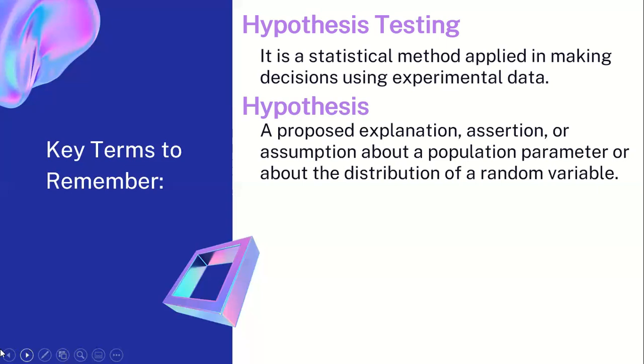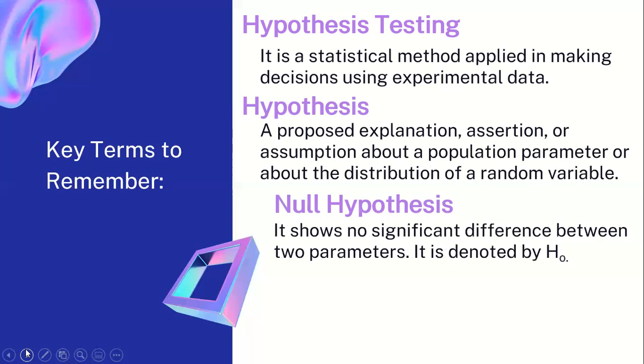Okay. So aside from these two terms, you also need to differentiate what a null hypothesis and alternative hypothesis is. And I know you're very familiar with this. When we say null hypothesis, it shows no significant difference between two parameters. Usually it is denoted by H sub 0, or in some other books, H sub 1, I think.